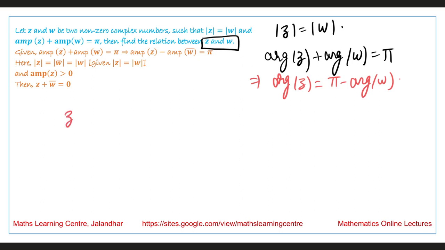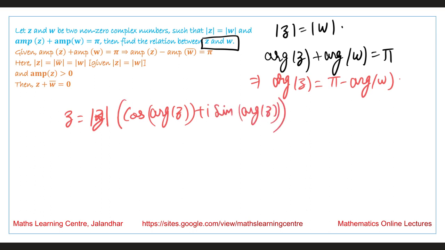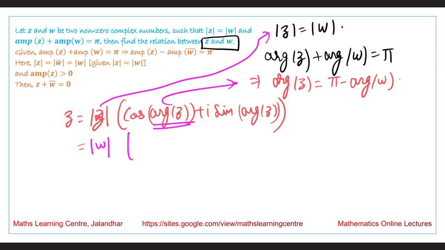So if I write the value of z, that will be mod of z into cos of argument of z plus iota sine of argument of z. In place of mod of z, we can write mod of w, and in place of argument of z, we can write pi minus argument of w. So this will become minus cos argument of w, and this term will become plus iota sine argument of w.